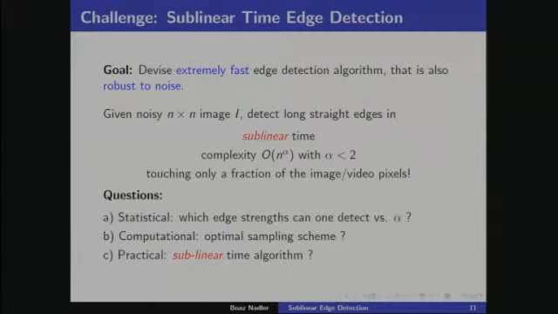What's the trade-off? There's also a computational question related to experimental design. Which pixels should I observe? And on the very practical side, we want to design an algorithm which will have sublinear time and hopefully even match the lower bounds we'll get from the statistical theory.